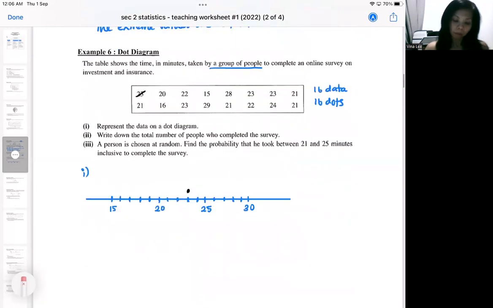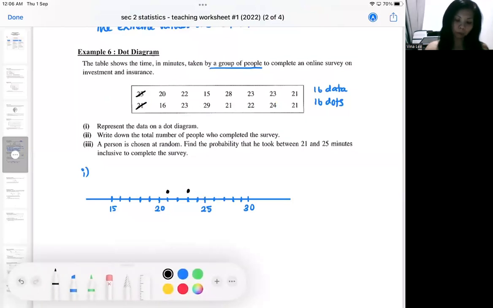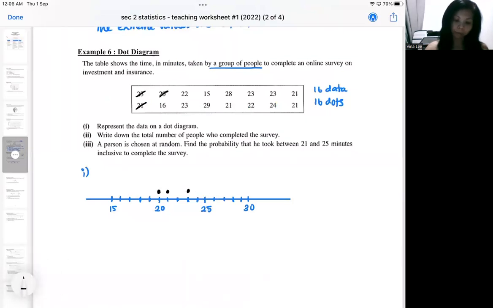Okay, so you put one dot on 23, you strike off another dot on 21. So all the first dots should be on the same line. Then 20, there's also a dot. 16, there's a dot. 22, there's a dot.